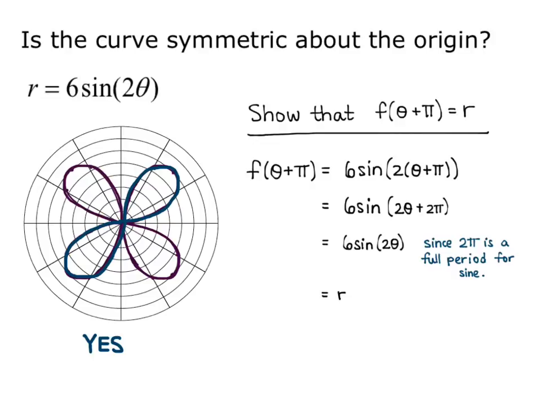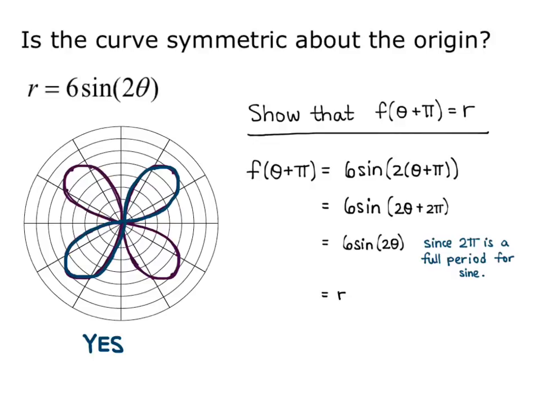The reason we care about symmetries in polar coordinates is because in the next section, when we start doing areas inside of polar curves, sometimes it's a lot easier to set your bounds if you know that you can just find a little piece of the region and then multiply by 2 or multiply by 4 because of a symmetry.